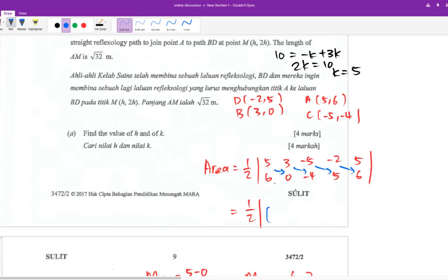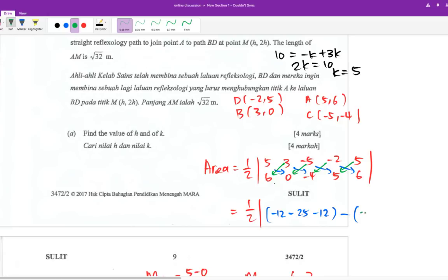So you will get 5 multiplied by 0 is just 0. 3 multiplied by -4 is -12, and then -25. Let me just erase it. So it will be -25. This one is multiplied with -12. Minus the other side. Then you will multiply like this.